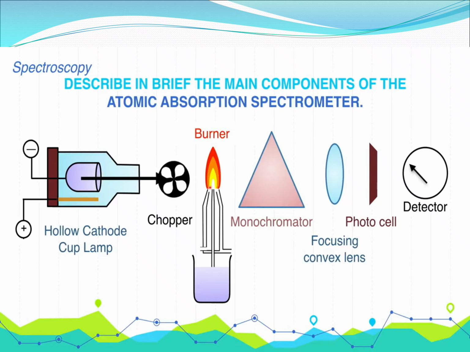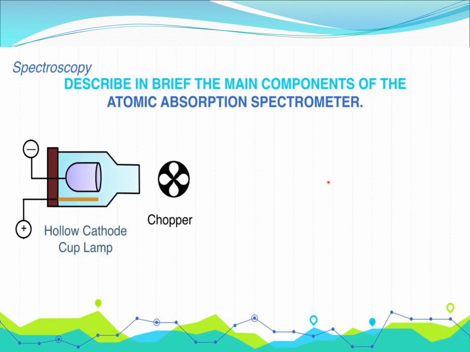This is one of the conditions for atomic absorption spectrometry. Then it will pass through this burner, and ultimately the monochromator will produce a single light which will pass through the lens and fall into the photocell, and the function of the photocell is to convert the light into electricity, and this electricity will be measured in the detector and recorder.